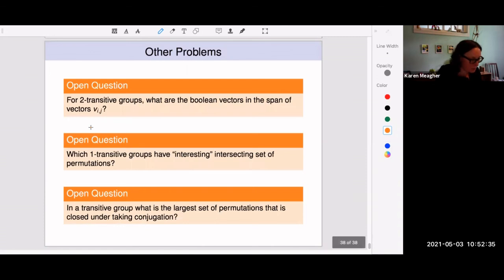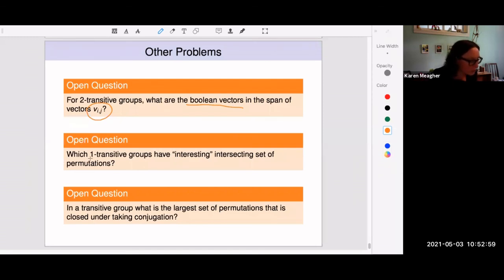Okay, oh, other problems. Okay, this is my last slide. Just some other problems. If we have two transitive groups, we've got this nice vector space that's the span of Vij. What are the other Boolean vectors that are sitting in that vector space? And I think Nathan Lindzey has stuff to say about this.